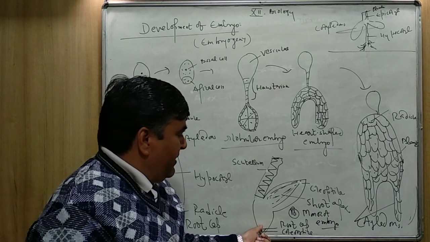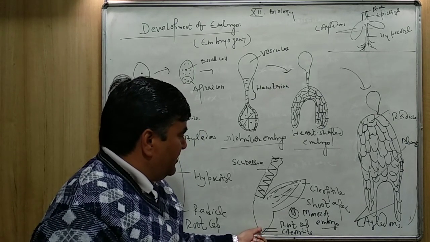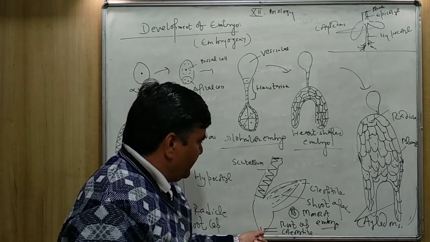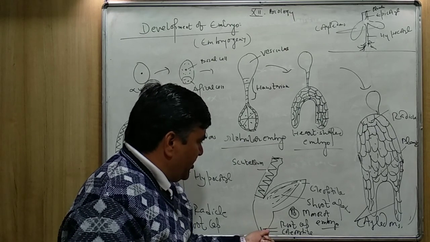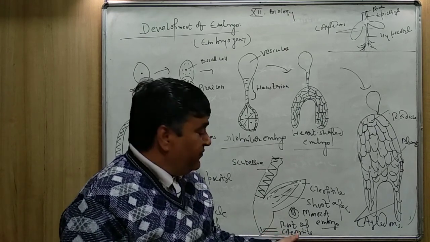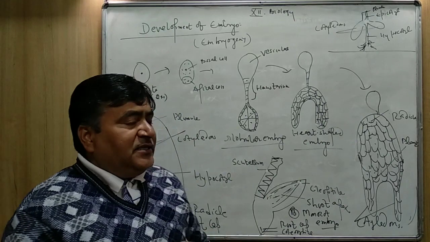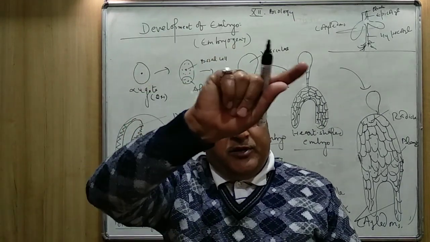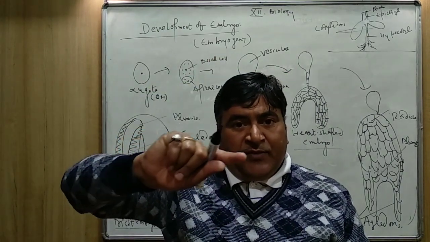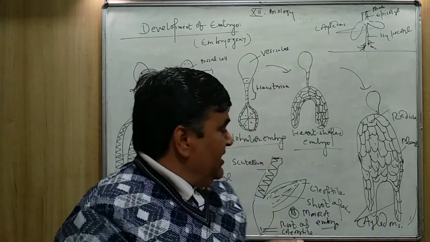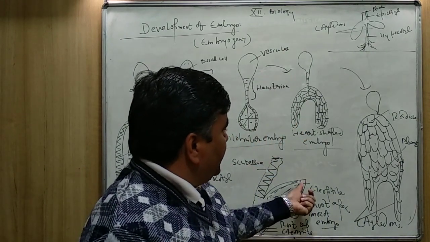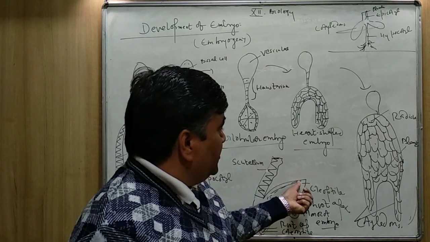And the root apex is protected by the root cap, and this root cap is again protected by the coleorhiza. The coleorhiza is the protective layer of the root cap, of the radicle, and coleoptile is the protective sheath of the shoot apex.